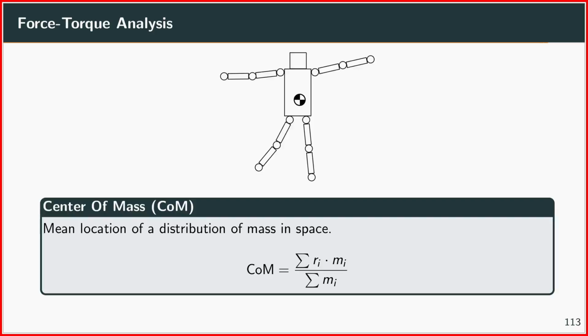The center of mass is basically just the mean location of a distribution of mass in space. So you can compute it by computing the overall mass of the robot and the mass of each of the links of the robot, multiplying it by the radius from the center of mass, and dividing it by the overall mass of the robot. And this gives you the COM, or the center of mass.